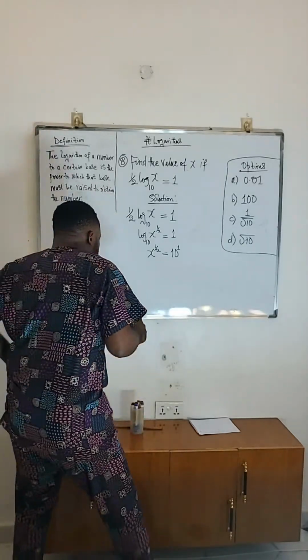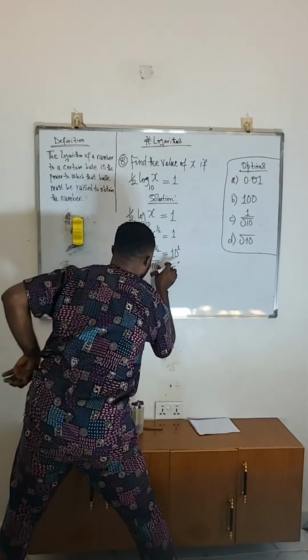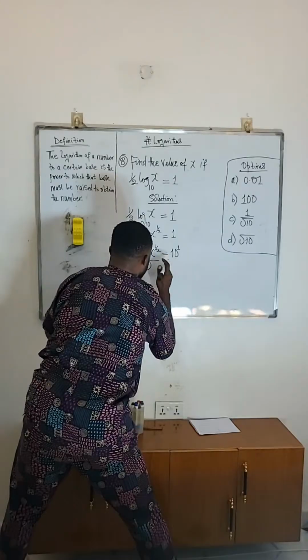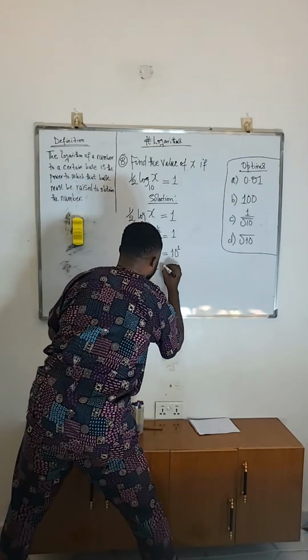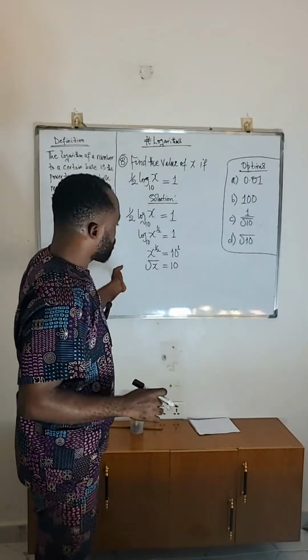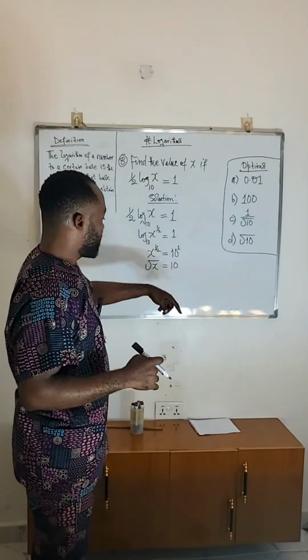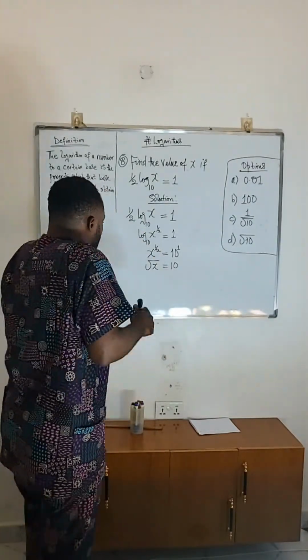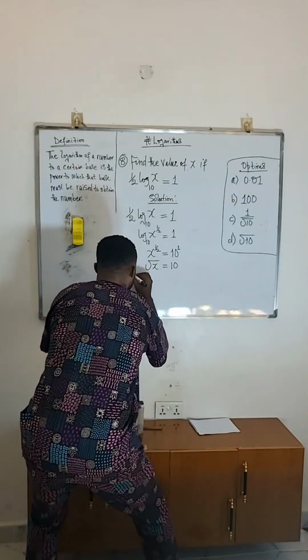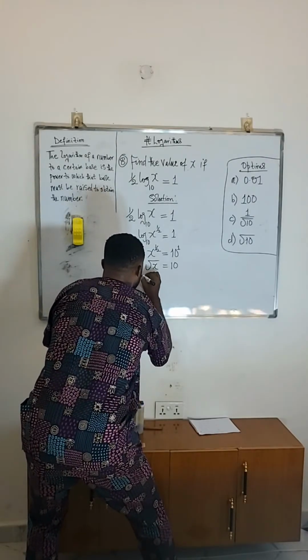Since the square root of x equals 10, we are going to square both sides in order to free the root.